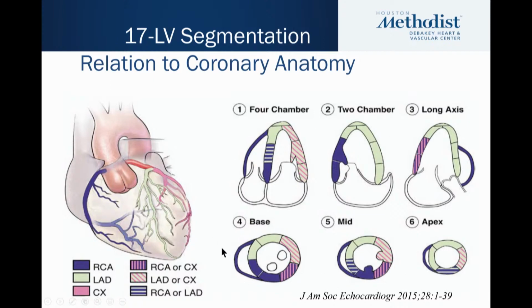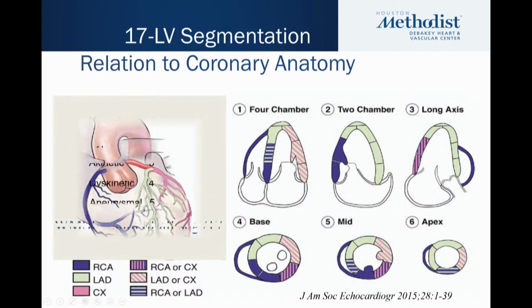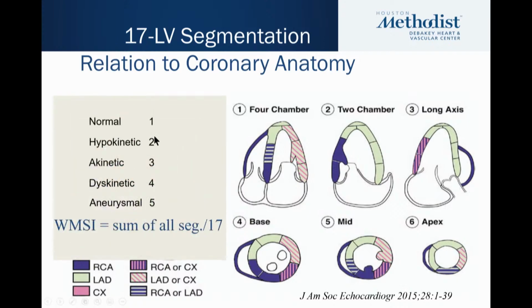Now, the way to semi-quantify this is to assign a score value to the wall motion. So normal is 1, hypokinetic is 2, akinetic is 3, dyskinetic is 4, and aneurysmal is 5. You give that to each segment, and you add them all up and divide by 17. So that a normal wall motion score index would be an index of 1.